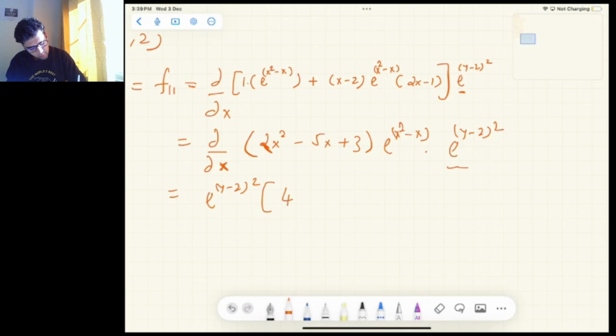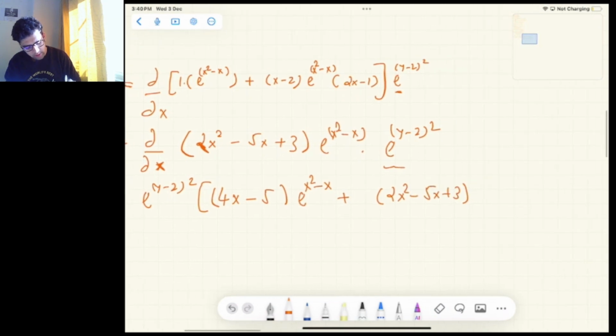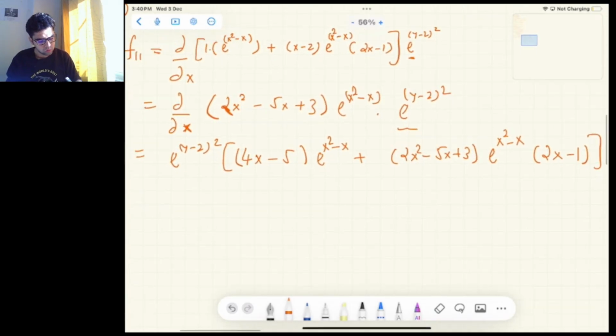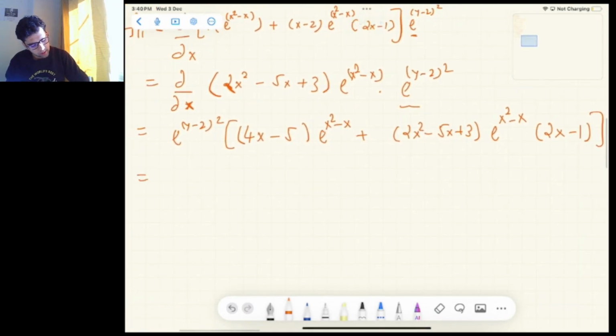Now 4x minus 5 and e to the power x square minus x comes as it is, then adding 2x square minus 5x plus 3 comes as it is, and I have e to the power x square minus x, and now 2x minus 1. So again what I can do is I can take e to the power y minus 2 whole square and e to the power x square minus x common from the bracket.